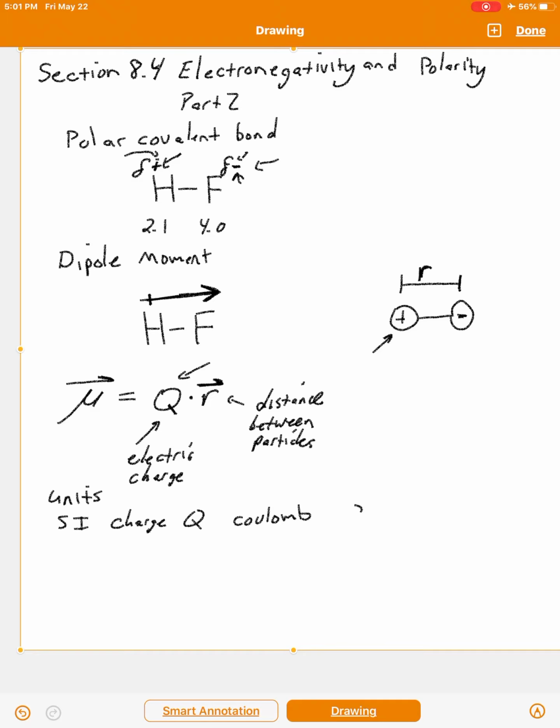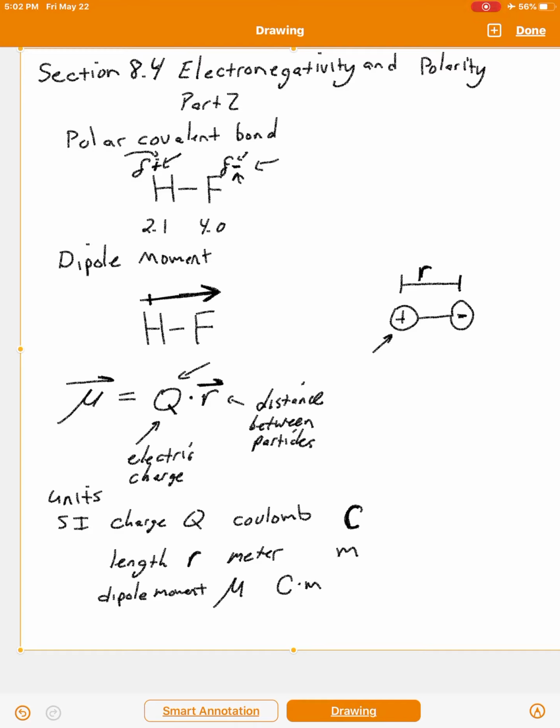And the abbreviation with that is a capital C. For length, in this particular formula, it's r, it is the meter. And so that would be meters. So if you tried to figure out what the unit of the dipole moment would be, it would be the coulomb times meters, right?